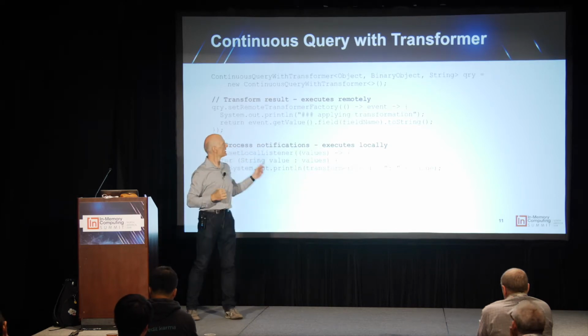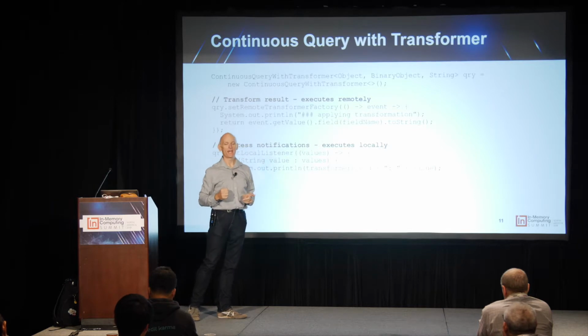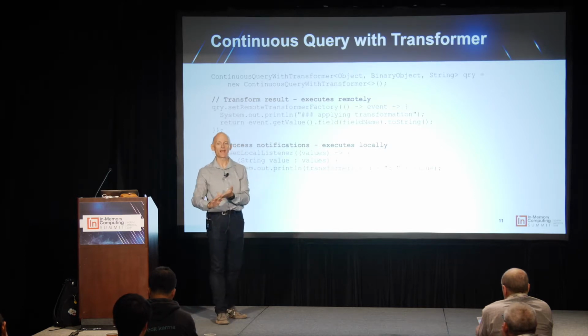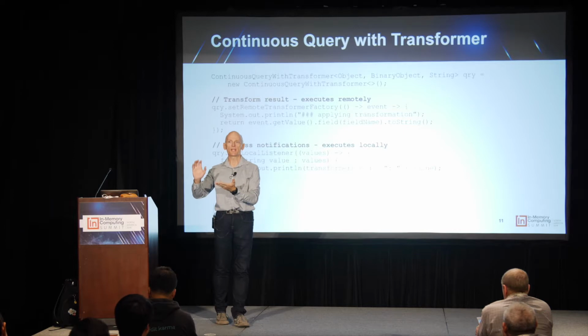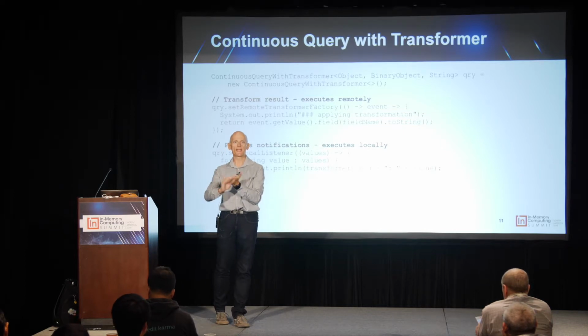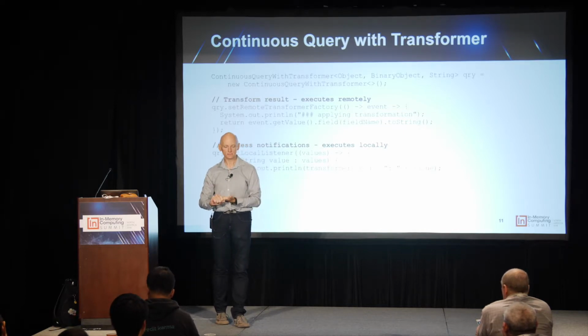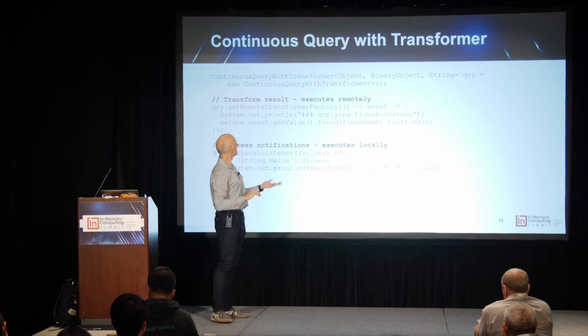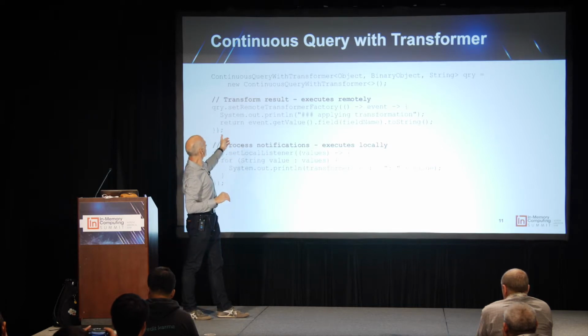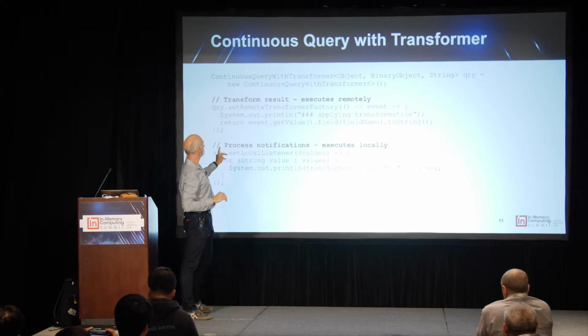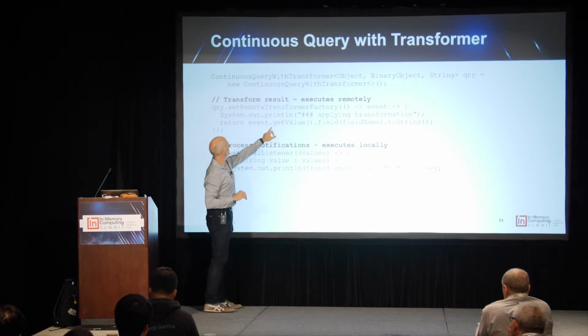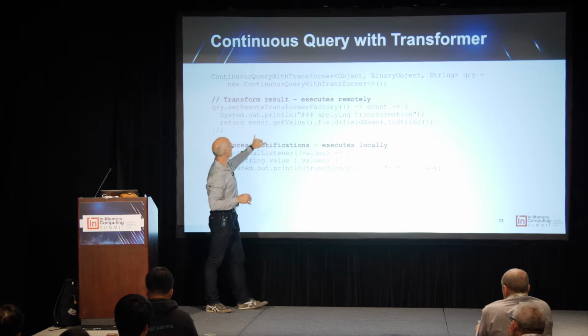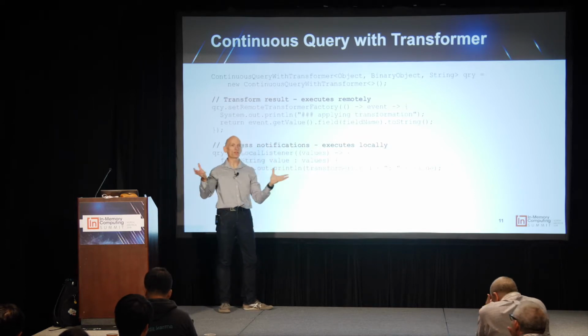You'll notice that there are 3 type parameters now. I've got my key and my value, but also the type that I'm going to send in the notification. When I set up my remote transformer, what it does is reduce the event. I get an event, I can get the value, and then I can just reduce it to what I need.